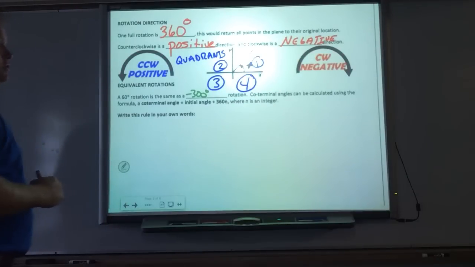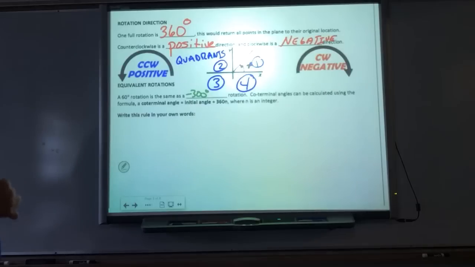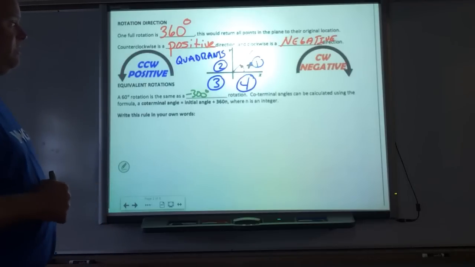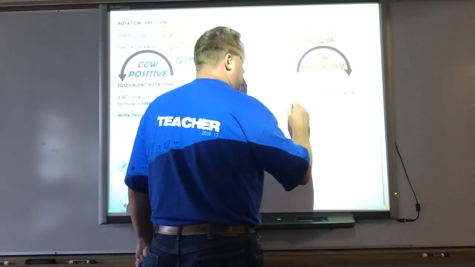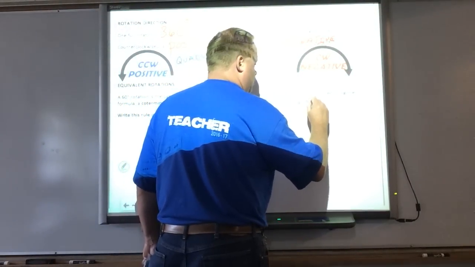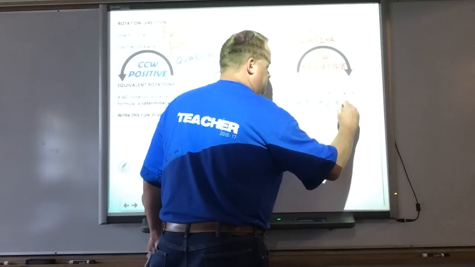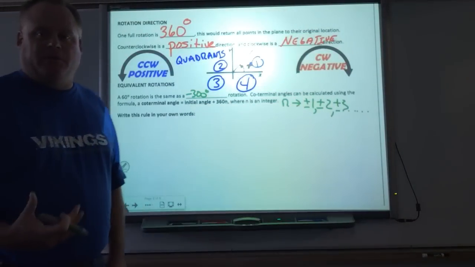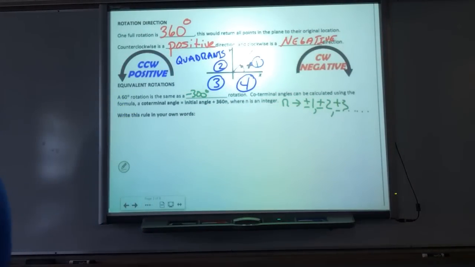Coterminal angles can be calculated using a formula: a coterminal angle equals the initial angle plus 360n, where n is an integer. You're thinking to yourself, what is n? Well, n can be anything: plus or minus 1, plus or minus 2, plus or minus 3, and so on. You can pick any random number; it's just an integer.